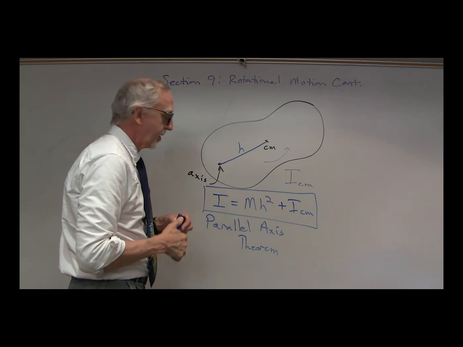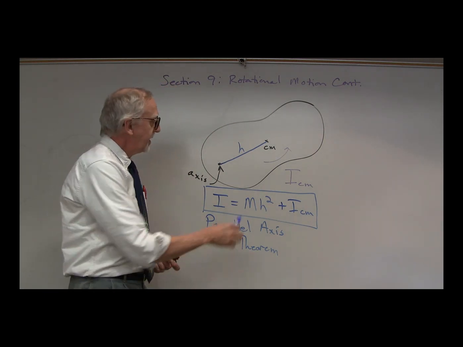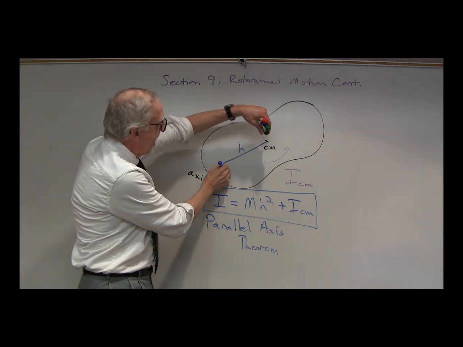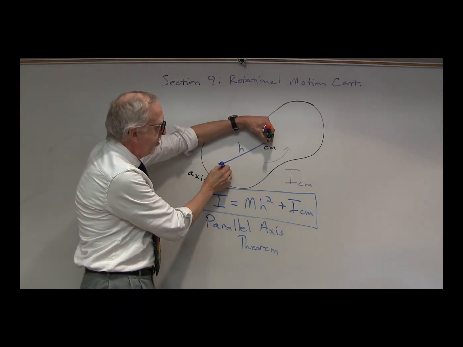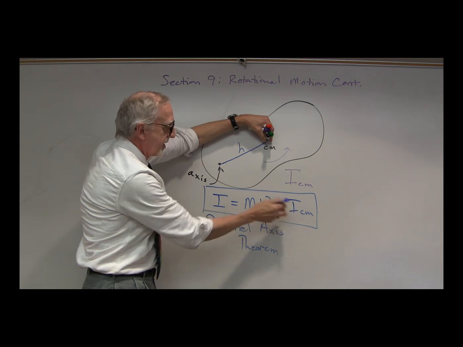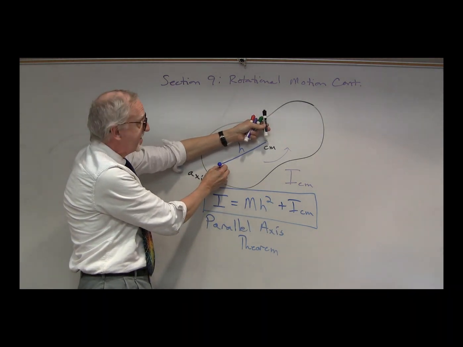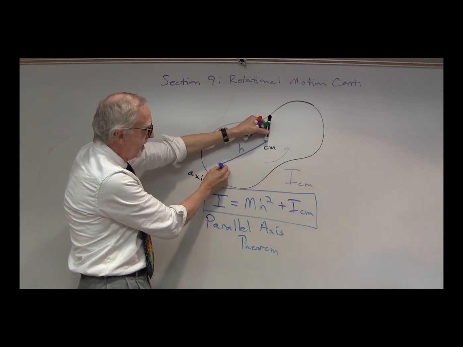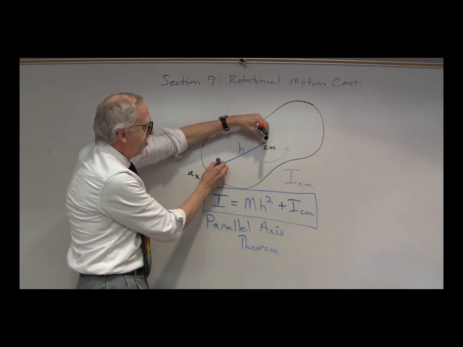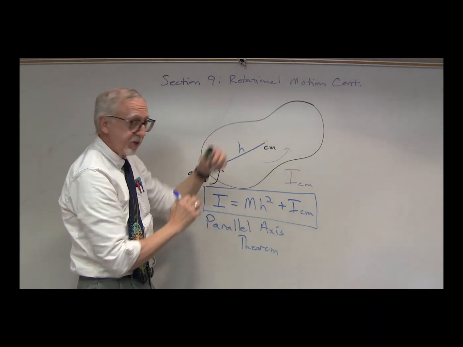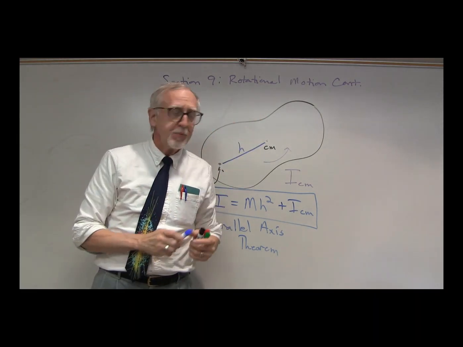And I should emphasize parallel, meaning that the axis about which we are rotating the object is parallel to the axis through the center of mass that was used to calculate this. So you can't just pick some other arbitrary axis. In order for these to be equal, the two axes about which we're rotating the object have to be parallel to each other. Okay, very good.